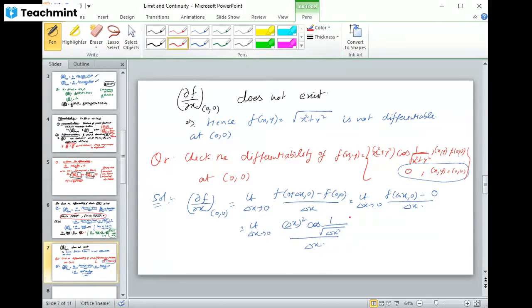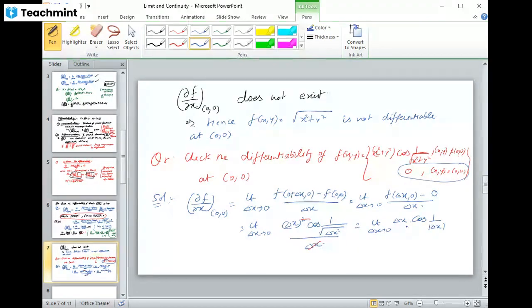Here one power of delta x gets cancelled out, and we have already discussed that the square root of a number is always positive. So this is equal to delta x into cos of 1 upon mod of delta x.